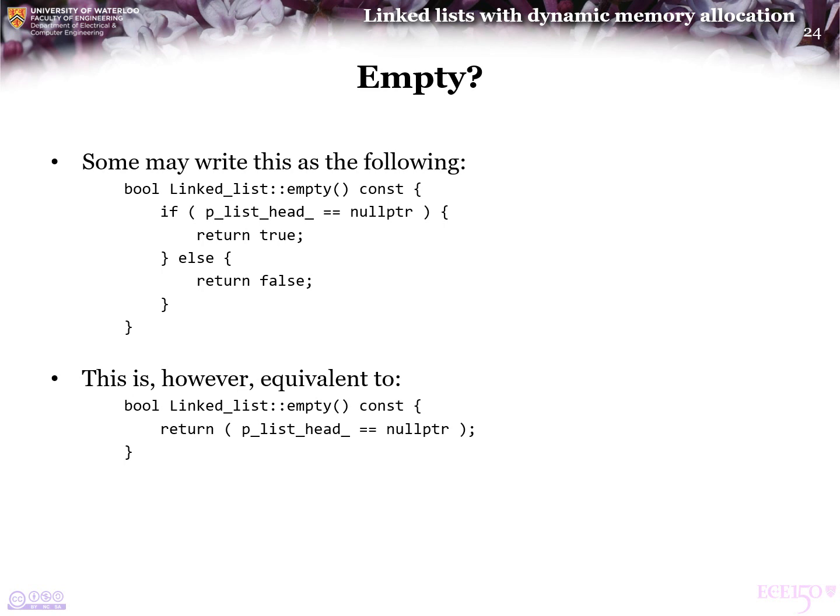Why? Because the comparison of the pointer to the list head to null pointer is either going to evaluate to true or false. If pointer to list head is null pointer, then this comparison evaluates to true, and that is what is returned. Otherwise, it will evaluate to false, and that is the value that will be returned.